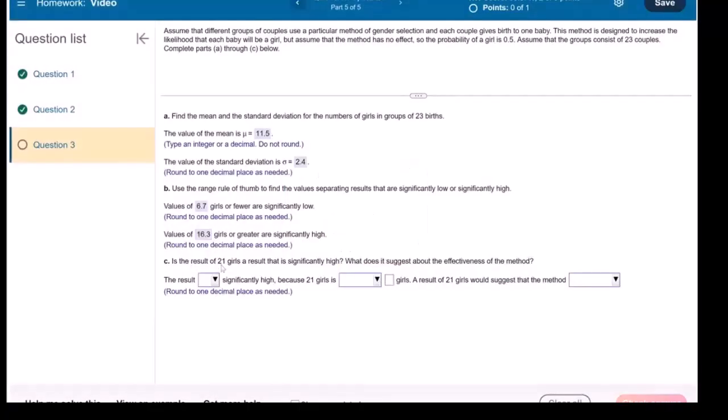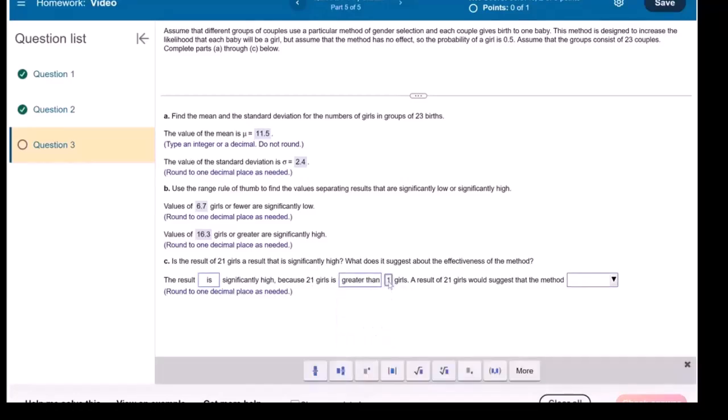Is the result of 21 girls a result that is significantly high? 21 girls is definitely greater than my cut point, which was 16.3. The result is significantly high because 21 girls is greater than 16.3.